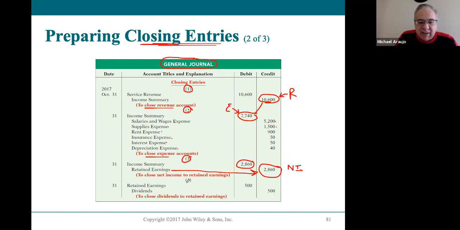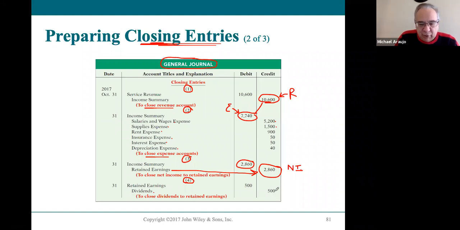The very, very last step we have to do is to zero the dividends account, close the dividends account. So dividends has a $500 balance. It's going to be on the debit side of the account, as you know. So to close it, we have to make both sides equal.